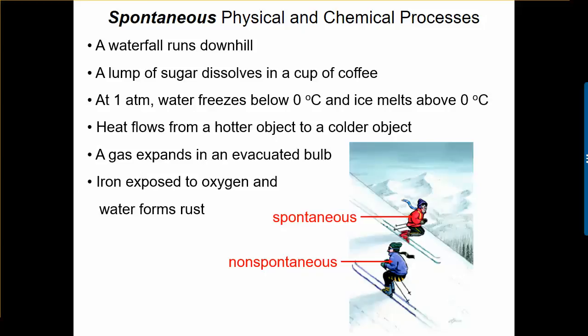If you put a gas in there, it will expand into that container. That's spontaneous. Iron exposed to oxygen and water reacts to form rust. That's a spontaneous process, albeit not a very fast one, but it does happen spontaneously.